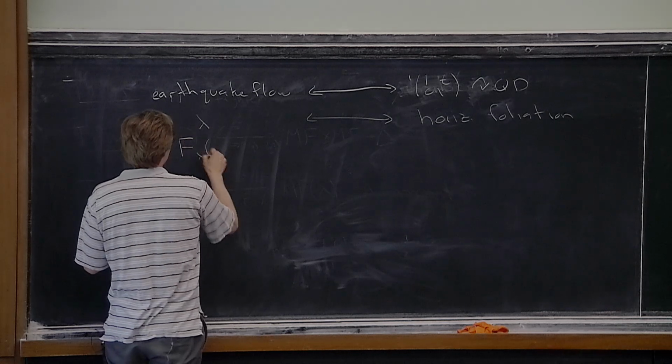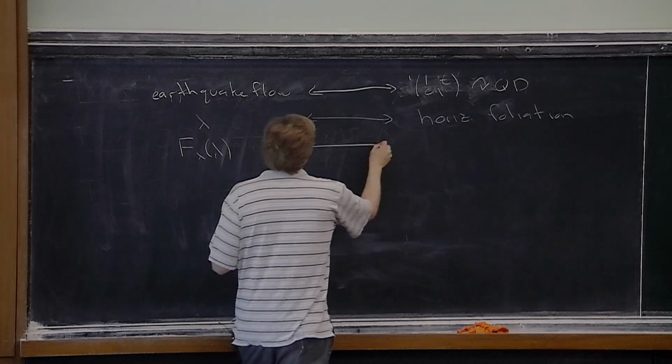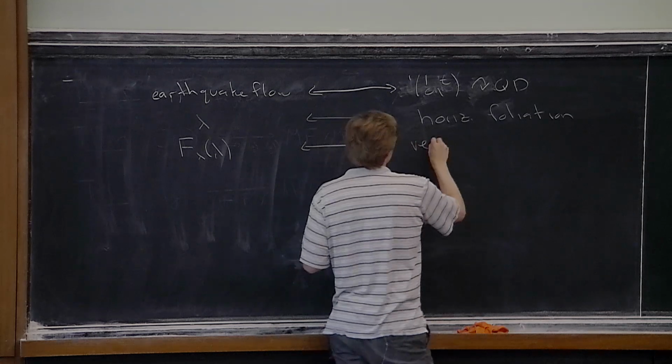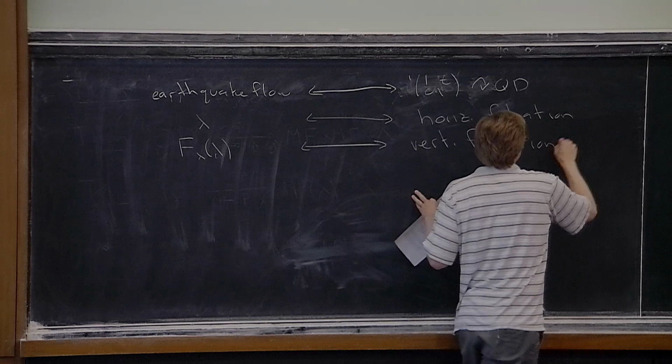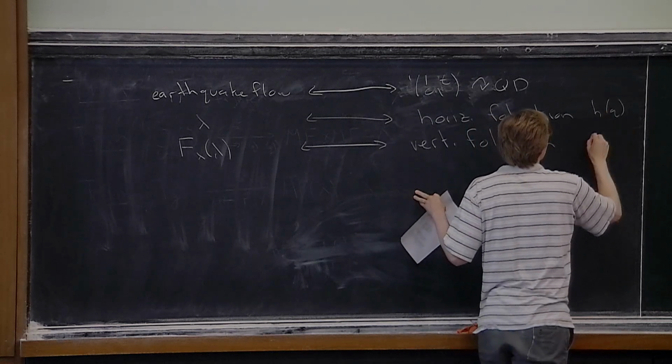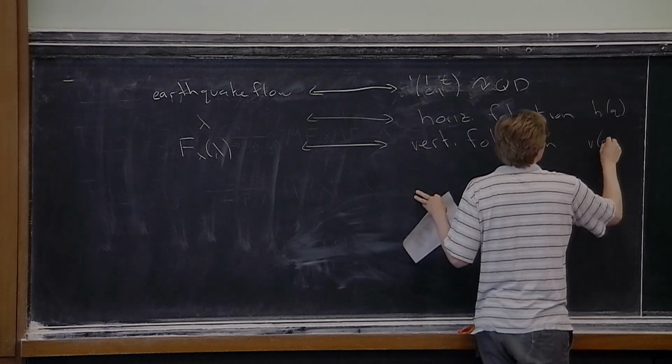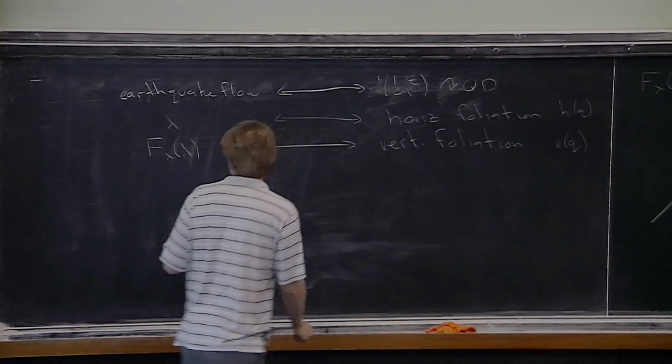F lambda x is going to correspond to the vertical foliation. This is h of q, and that's v of q.